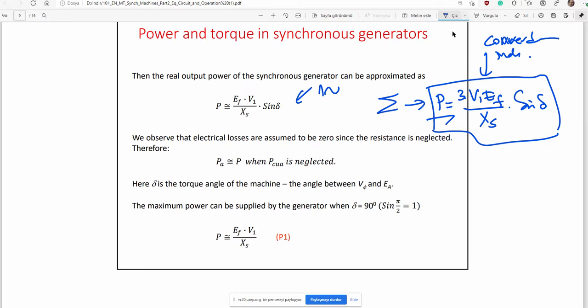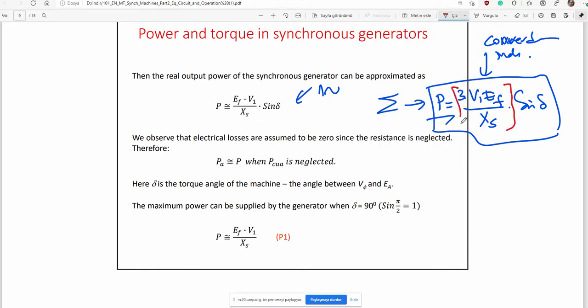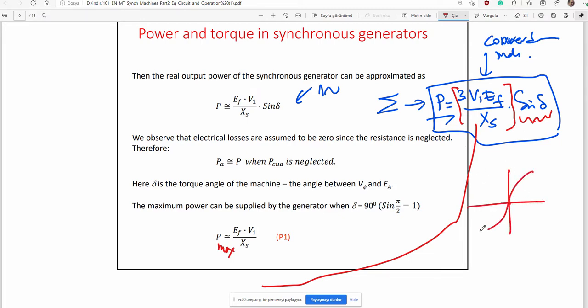And here you see, this term can be defined as maximum value, because you see the argument is a function of sine, so power is varied by sine, and we have already defined some regions.